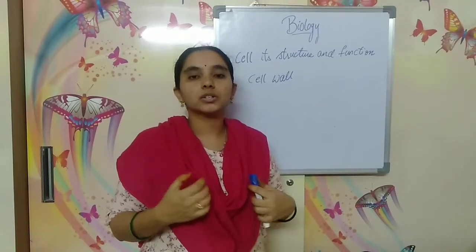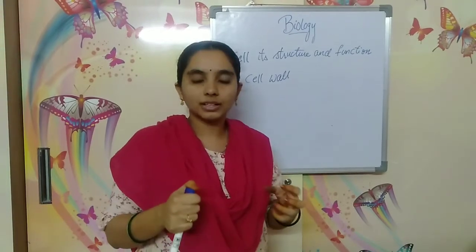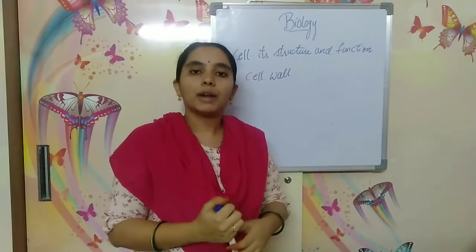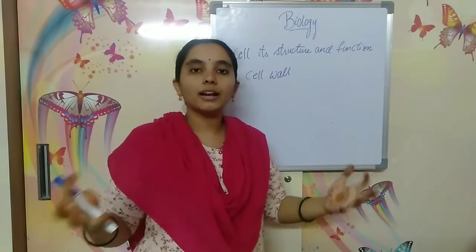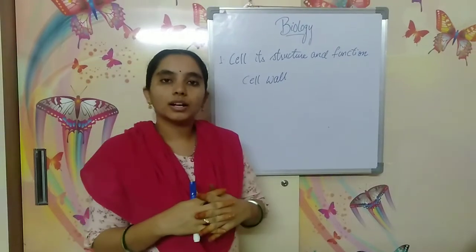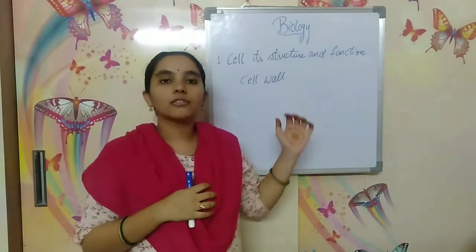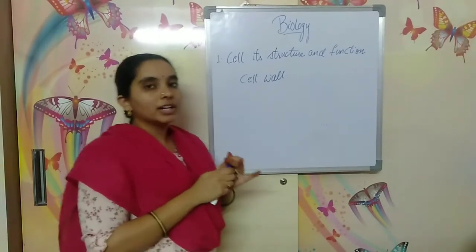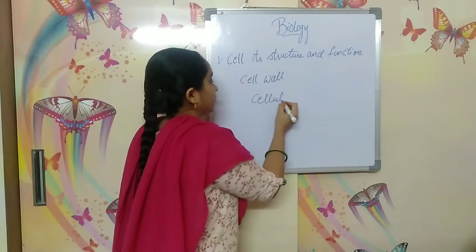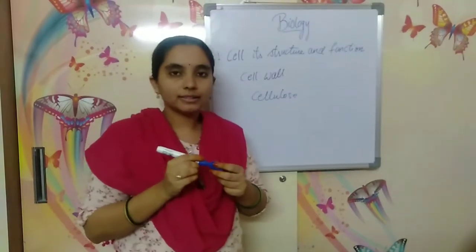It is very strong, so that it protects the plant from any external damage. The cell wall is basically made up of a substance called cellulose. So this cellulose layer is the cell wall.